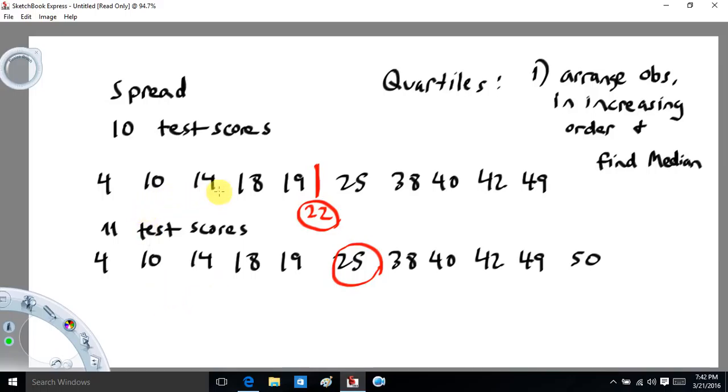So here, the first quartile is this. Here, we'd have the median of these 5 observations, which would be this one right here.